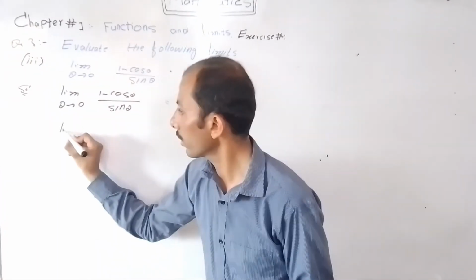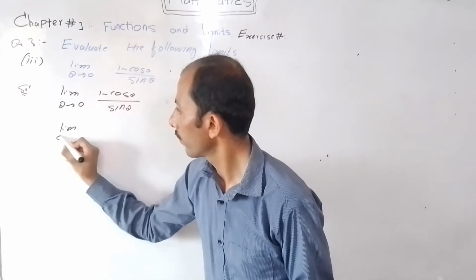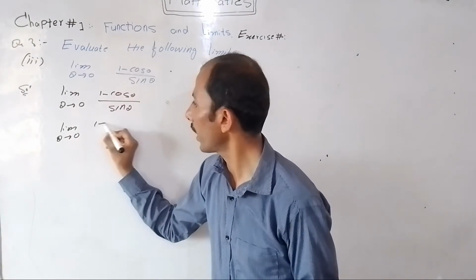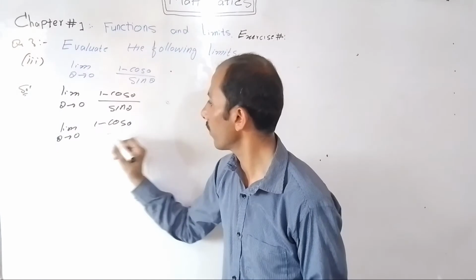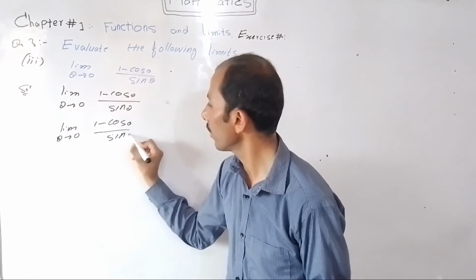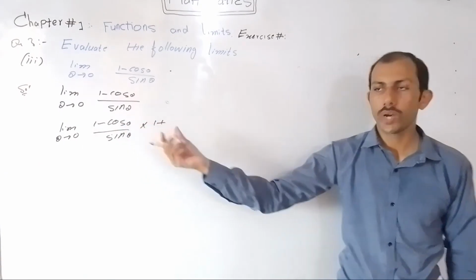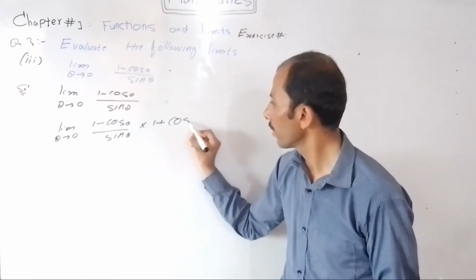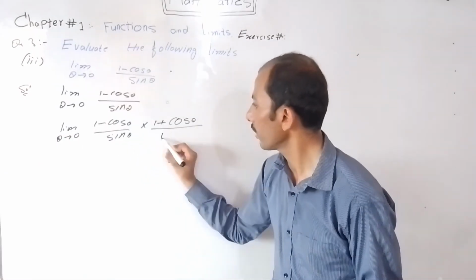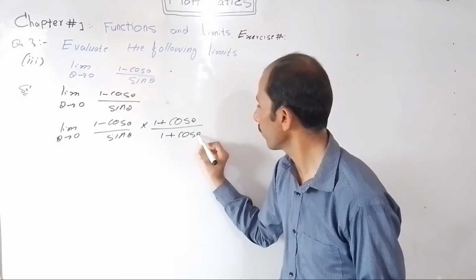So limit theta approaches to 0 of 1 minus cos theta divided by sin theta, multiplied by 1 plus cos theta divided by 1 plus cos theta.